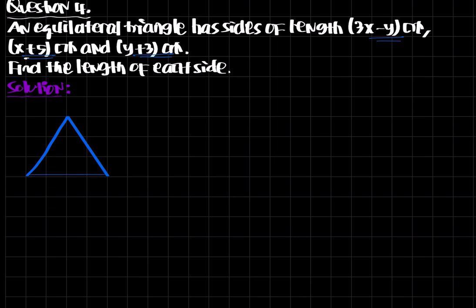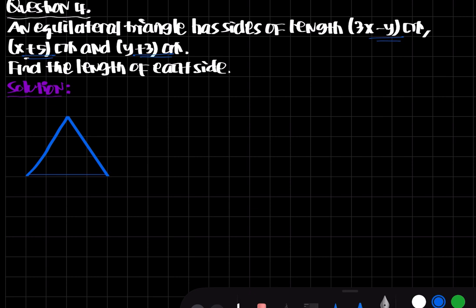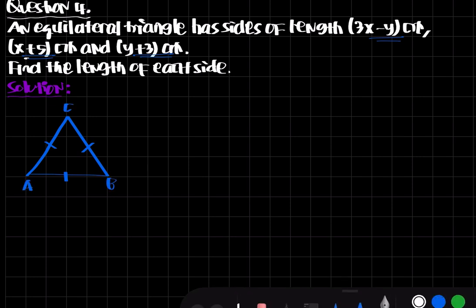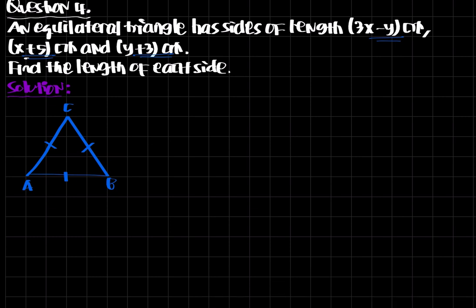Just assume that this is equilateral triangle ABC. It says that one of the lengths, I'm going to start with 3x minus y, and then x plus 5, and then y plus 3.